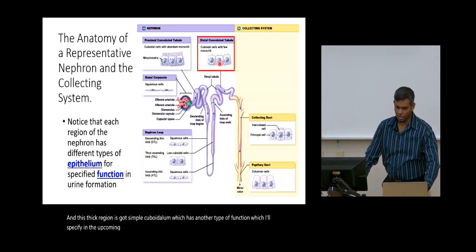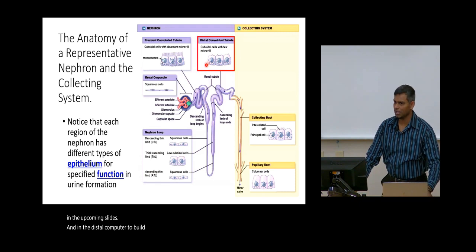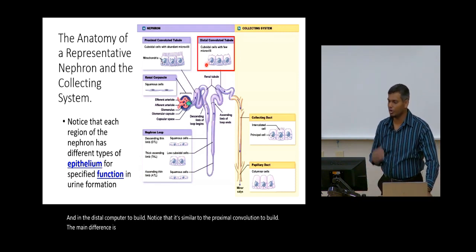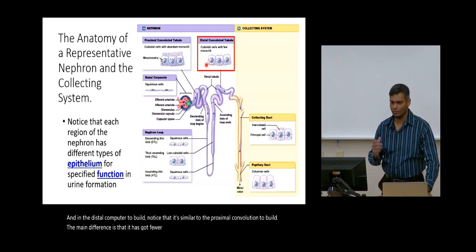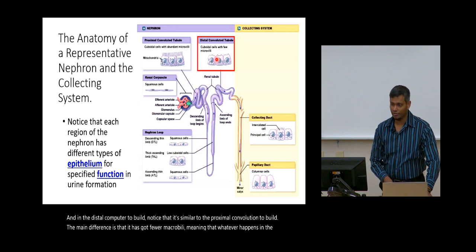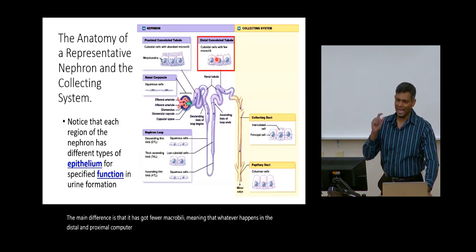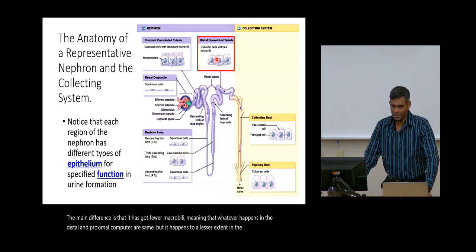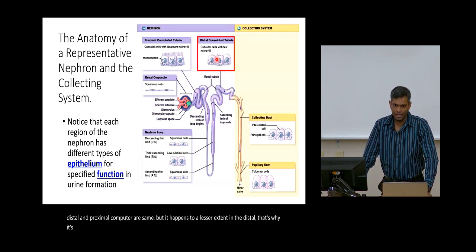And in the distal convoluted tubule, notice that it's similar to the proximal convoluted tubule. The main difference is that it has got fewer microvilli, meaning that whatever happens in the distal and proximal convoluted tubule is the same, but it happens to a lesser extent in the distal convoluted tubule. That's why it's got fewer microvilli. Right?